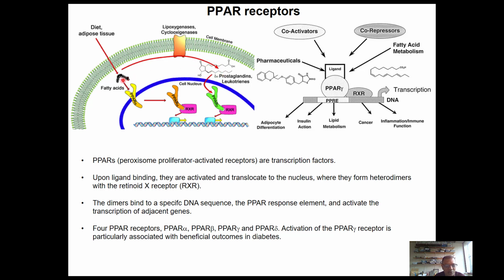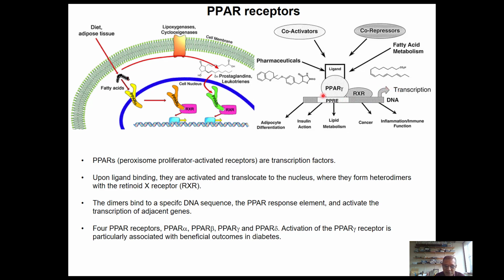And once bound to their receptor, and usually these receptors bind as a heterodimer with the retinoic acid receptor, the RXR. So in this heterodimer, PPAR plus RXR, they then behave as shown in this expanded cartoon here. They bind as a heterodimer to DNA at particular sequences, and this will then lead to transcription.